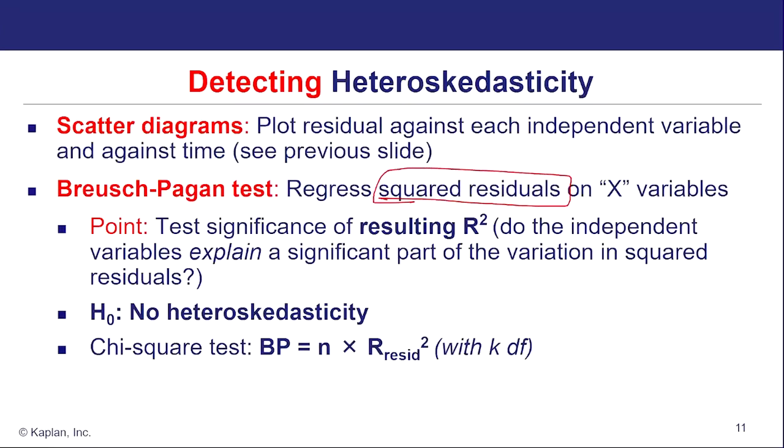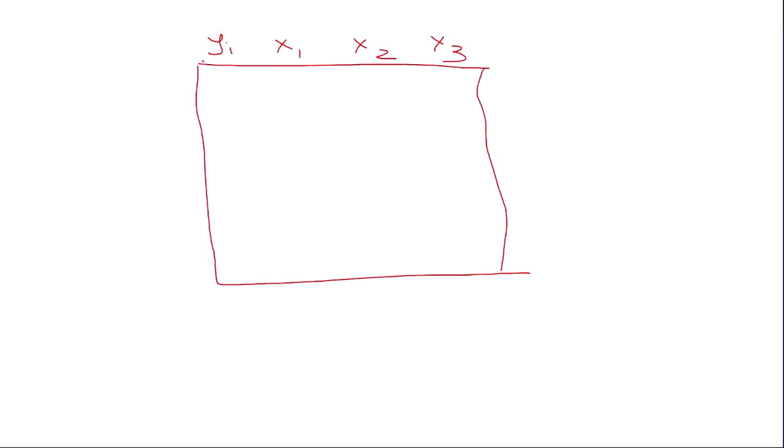Think of it as an Excel spreadsheet. You have y variables, x1, x2, x3, columns in a spreadsheet with all these observations. There are three independent variables in your model, right?